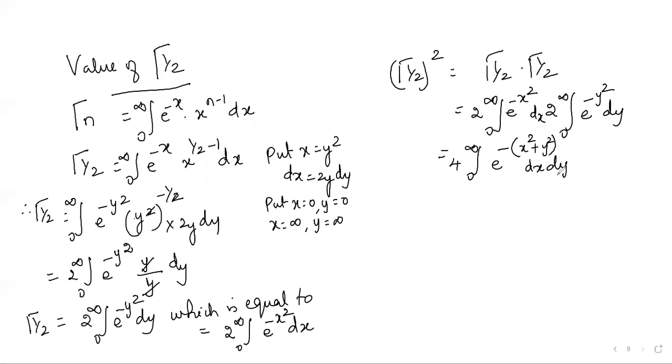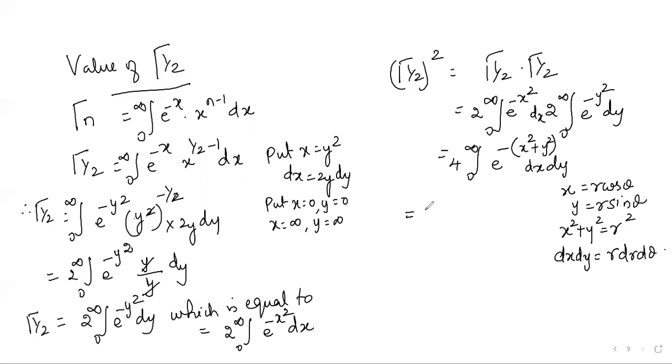So I'm going to convert this to polar form. X square plus y square is nothing but the circle equation. By taking x is equal to r cos theta, y is equal to r sin theta, x square plus y square is equal to r square. Converting to polar form by using the Jacobian, J is nothing but r dr d theta.